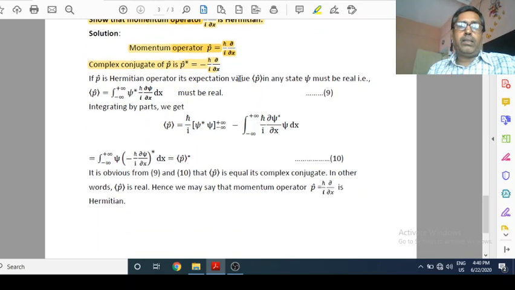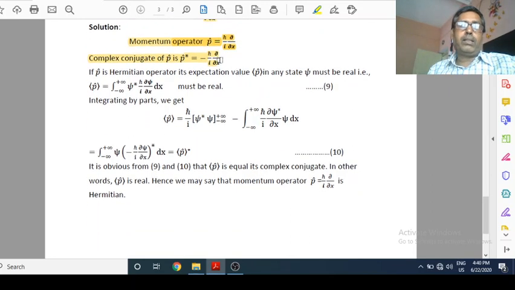Again, we proceed in the same fashion. We take the complex conjugate, and for this we use star here. Here P simply, here P star. If P is a Hermitian operator, its expectation value in any state psi must be real. And it means this must be real. Now we are going to integrate this by parts because it contains two terms.